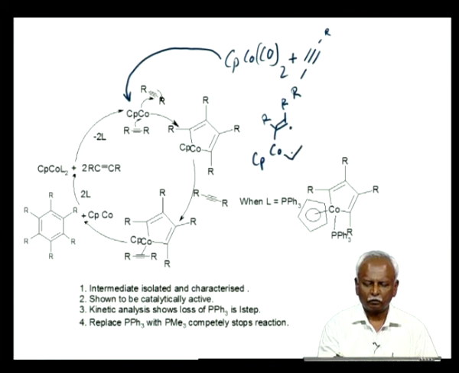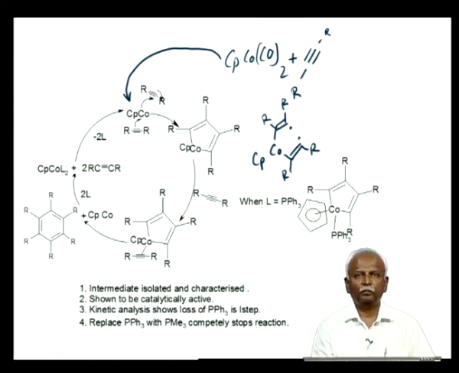So, you can see that there are 2 unpaired electrons on the 2 acetylene molecules which have oxidatively added. Instead of taking one acetylene and carrying out an oxidative addition, you can take 2 acetylene molecules and add 2 electrons to them in such a way that you form cobalt-carbon bonds, and then you will end up with 2 electrons sitting on the 2 acetylene molecules, which can now form a bond very readily.